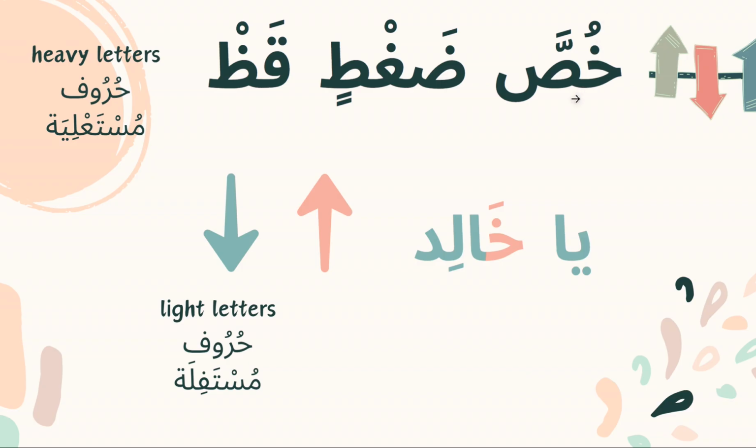Okay, khussa means a straw hut, and dagt means pressure, and qadh means deep heat. So these are the 7 letters that are heavy letters, حروف مستعلية. Okay, now just have a look at them so that we can remember them.